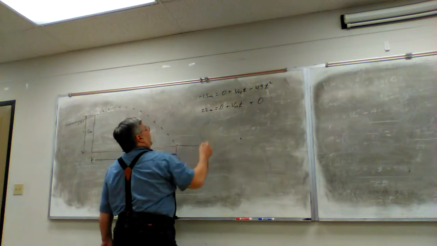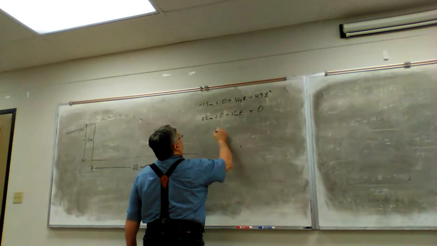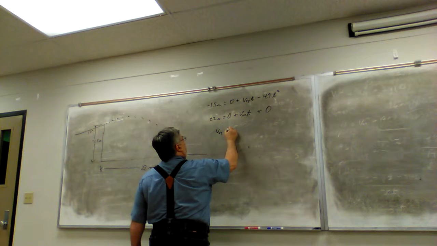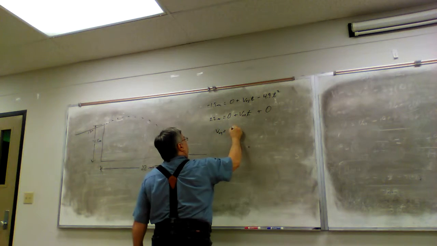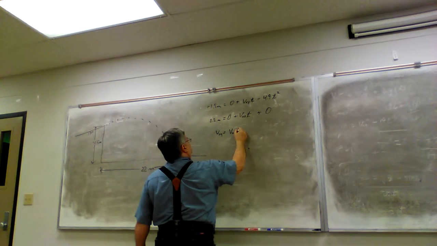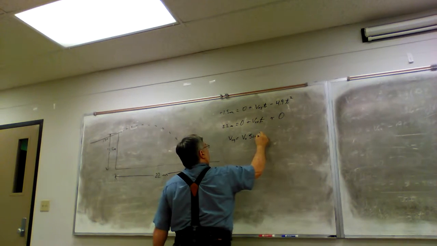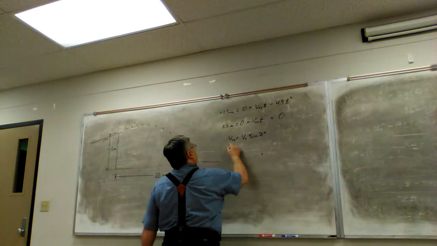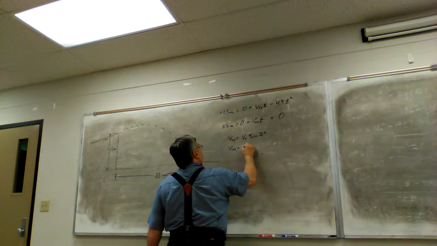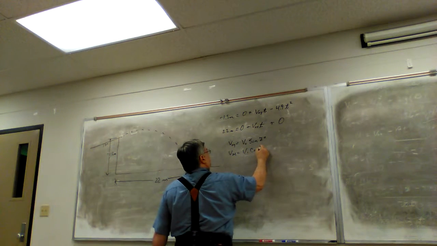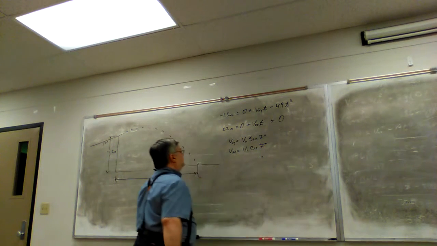Now, v sub naught y is v sub naught times the sine of 7 degrees. V sub naught x is v sub naught times the cosine of 7 degrees.